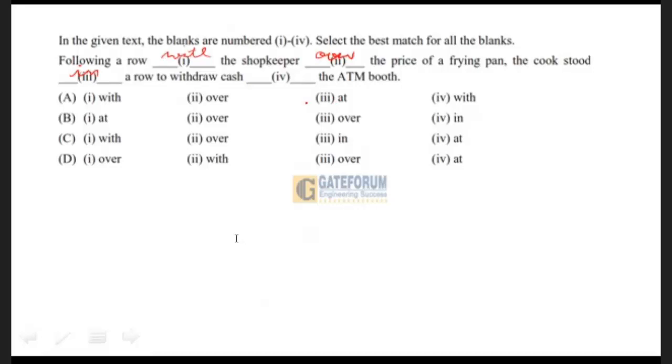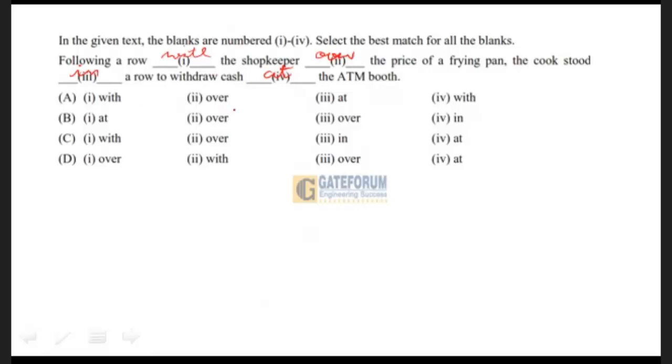Now, do you withdraw cash from, or do you withdraw cash at the ATM? So you withdraw cash from the ATM, but you withdraw cash at the ATM booth. You do not withdraw cash from the booth. So this is it. Let us check which option is this.